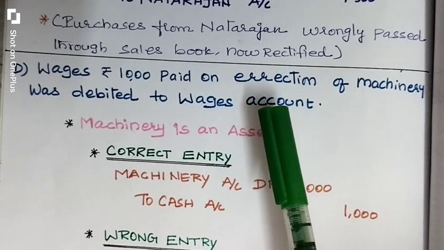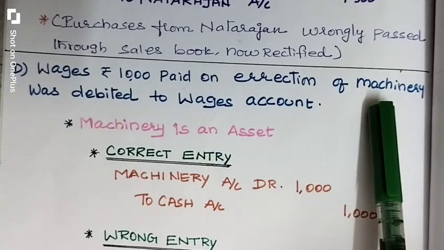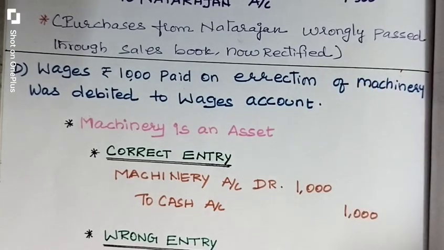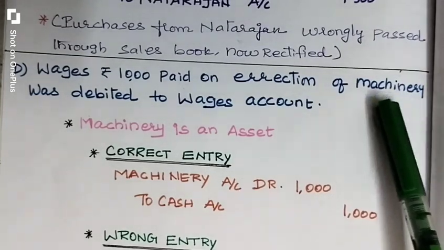Whenever you purchase new machinery, you spend lots of expenses to erect it and fix it. You can't enter these into separate expenses like wages, erection, transportation or carriage expenses. You have to enter them into the machinery account, right?